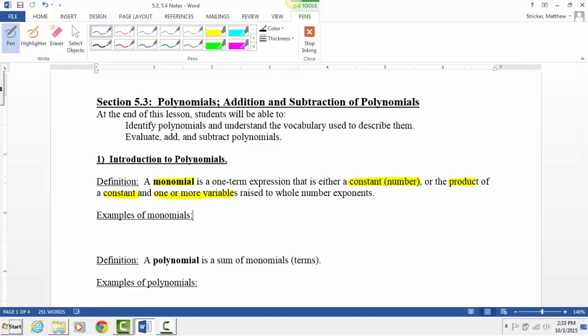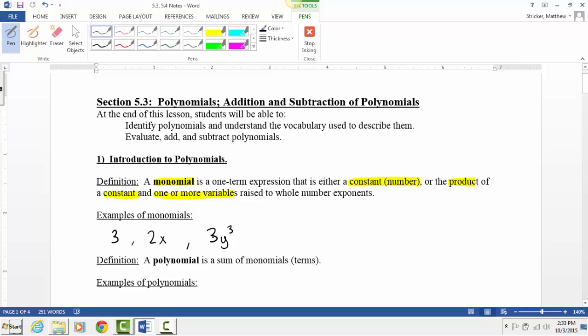So some examples: one monomial might be just the number 3. Another example might be 2 times x. It's the product of a constant and a variable. We could have something like 3y to the third.